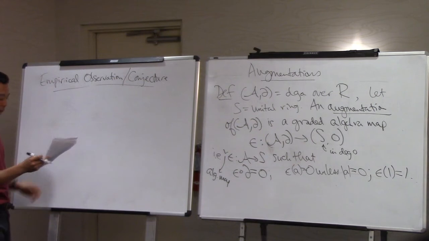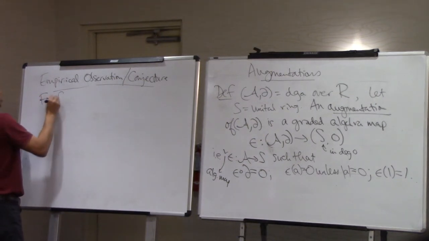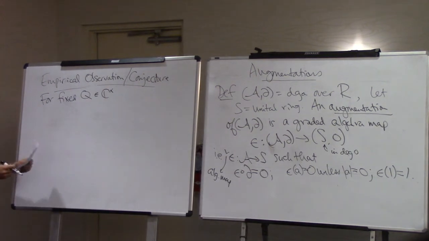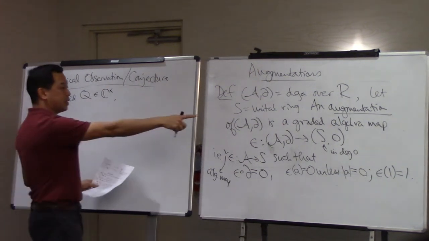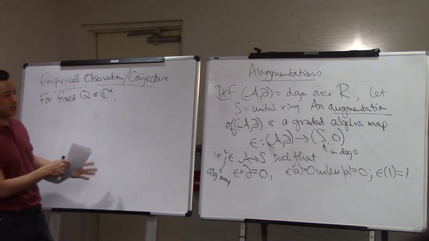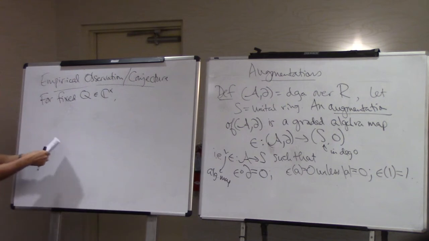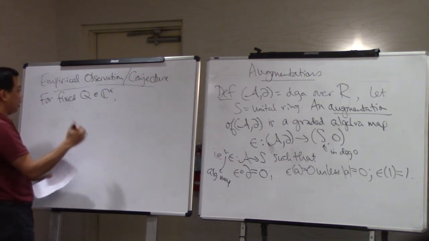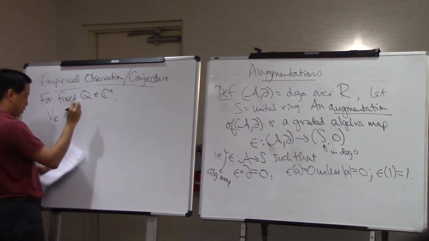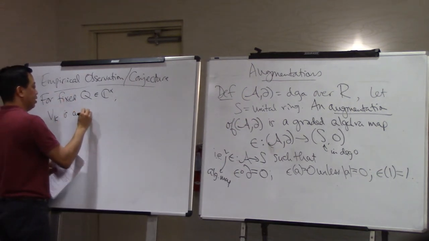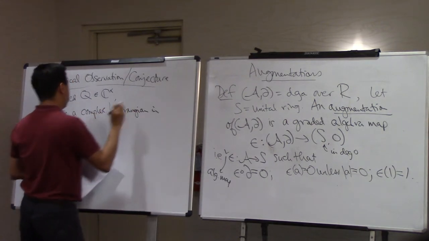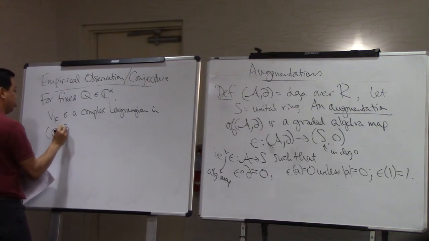So if we fix Q in C star, you can look at this V_K. It now sits inside of C star to the 2r, and here's the observation: this is a complex Lagrangian in C star to the 2r.